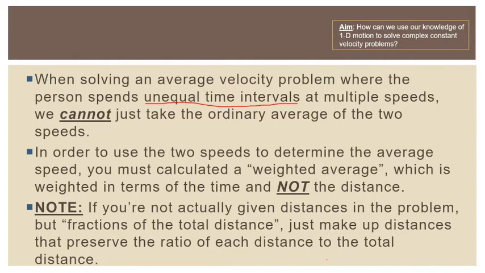And so in this problem, they say 2/3 of the distance and 1/3 of the distance. So just as long as you pick any set of distances where one of them is 2/3 of the total and the other is 1/3 of the total, then you're in business. Take a second to pause this video if you want to finish writing that down, because I'm going to move on to the next slide.